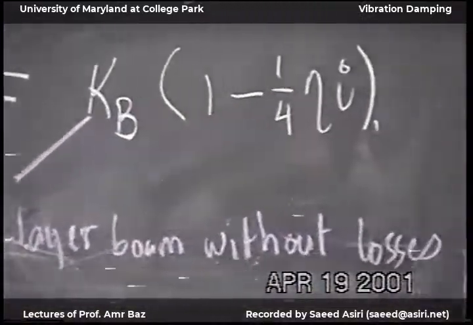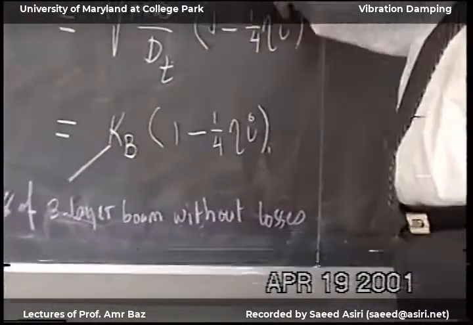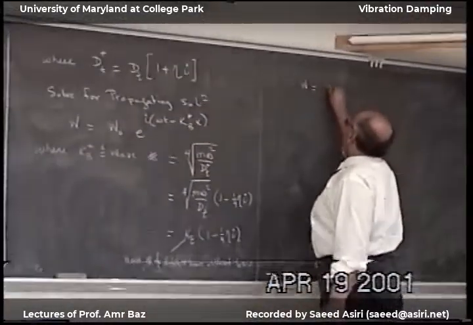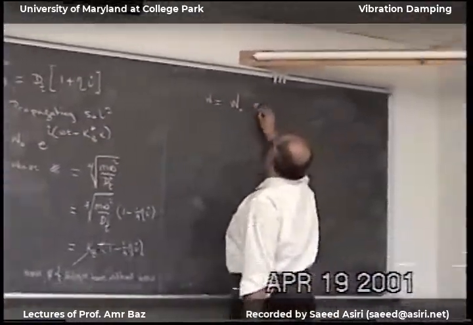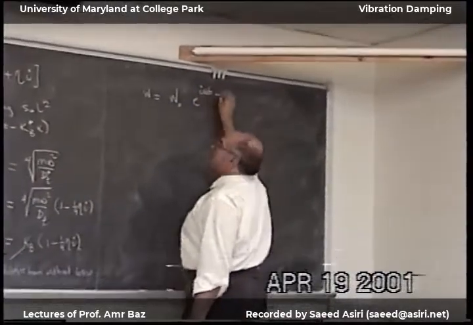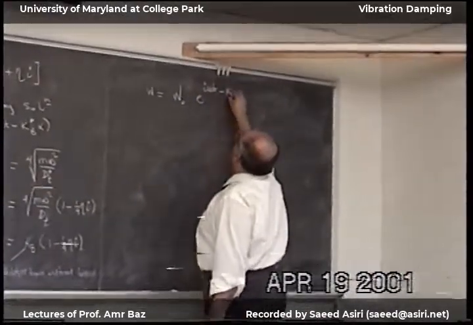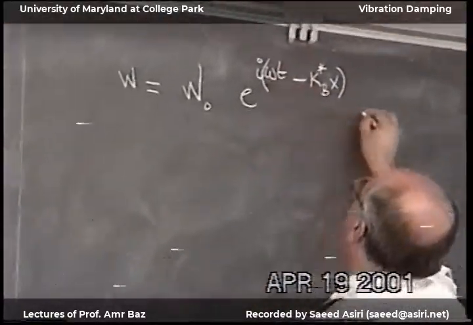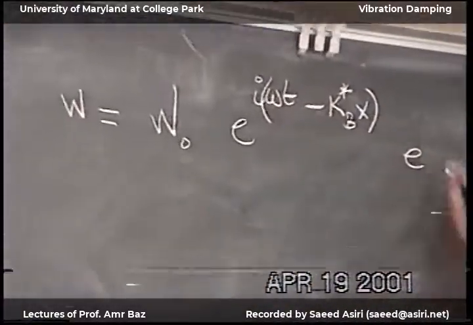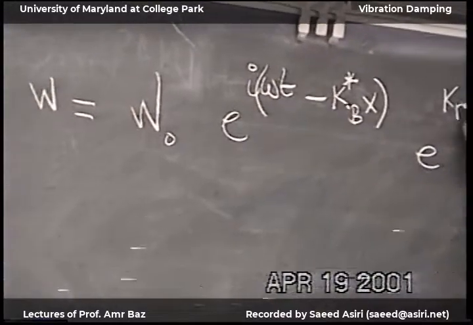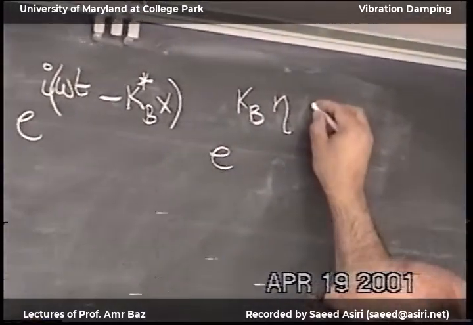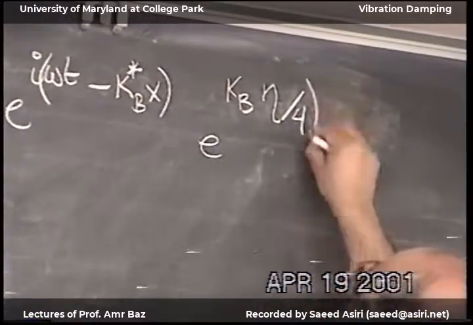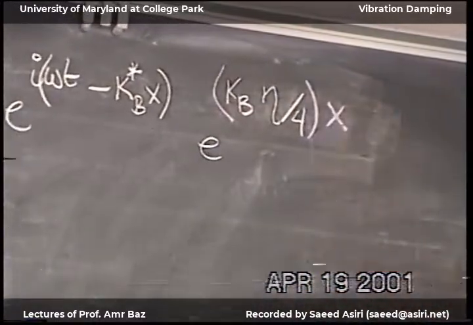And then now I can take this and plug it here. So we'll end up with W is equal to W0 e to the i omega t minus k_b asterisk s, and then e to the k_b eta over 4 and x.